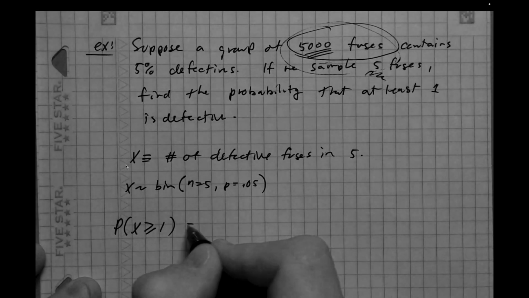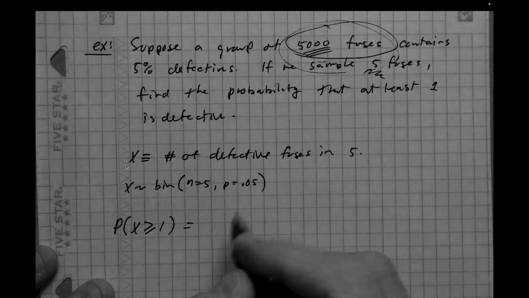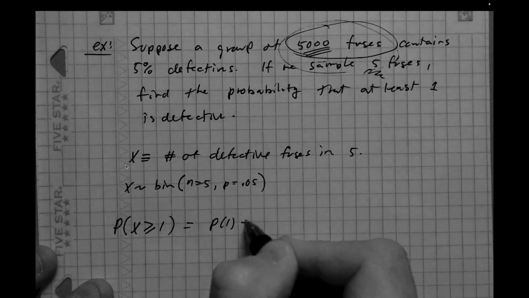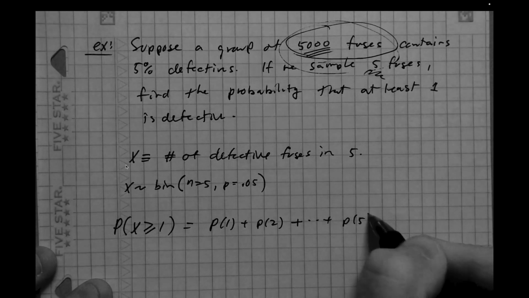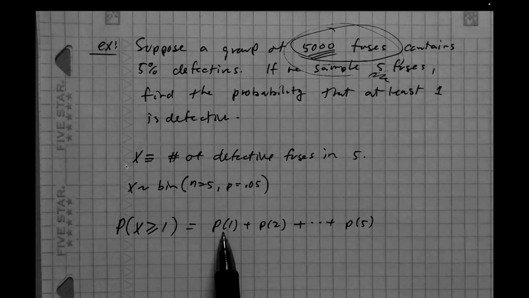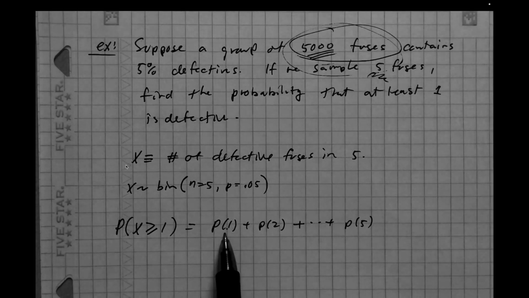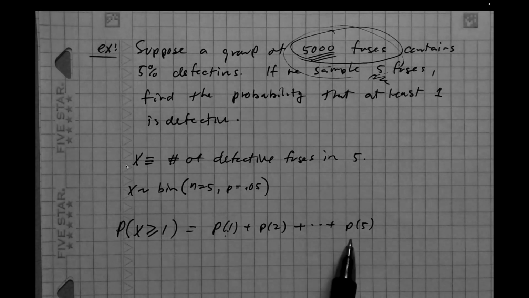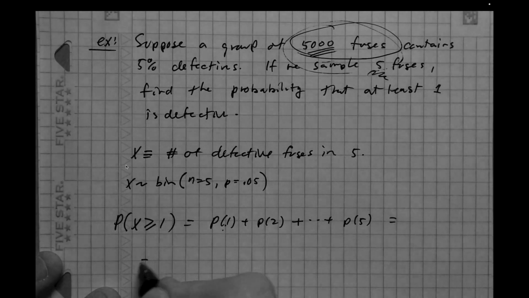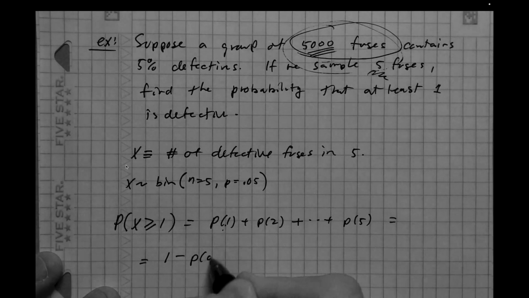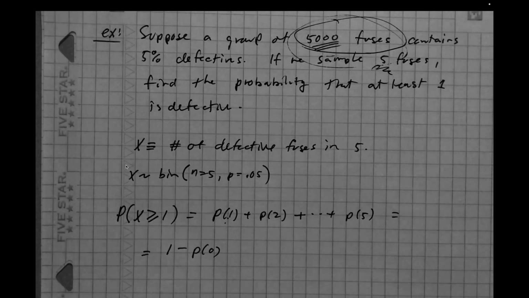And so we could do that straightforwardly. We could say, what's the probability of 1 plus the probability of 2 plus dot, dot, dot, plus the probability of 5. But each of these is going to be 5 choose 1, 5 choose 2, 5 choose 3, and you're going to have all this computation to do. It's just easier instead to say this is equal to 1 minus the probability of 0, right?